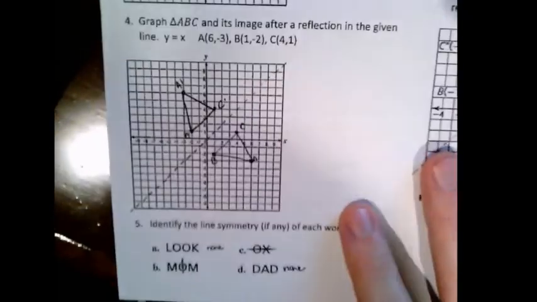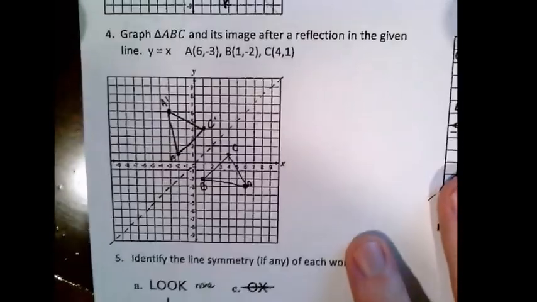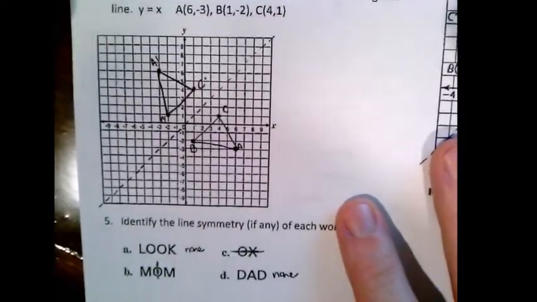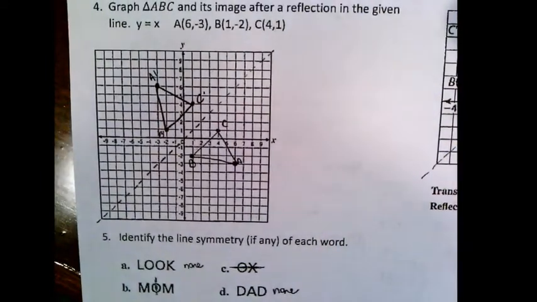Okay, number 4. I'm going to put number 4 and 5 on there. I kind of like how, if you can see, number 4 or number 5, those lines aren't saying that the problem's wrong.